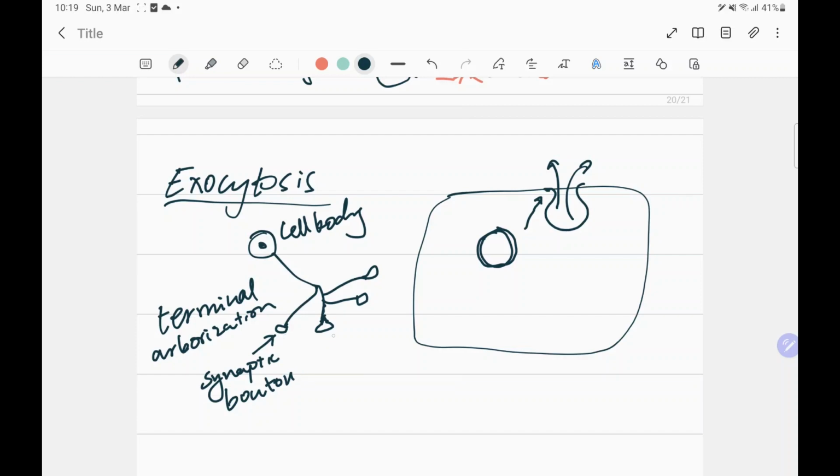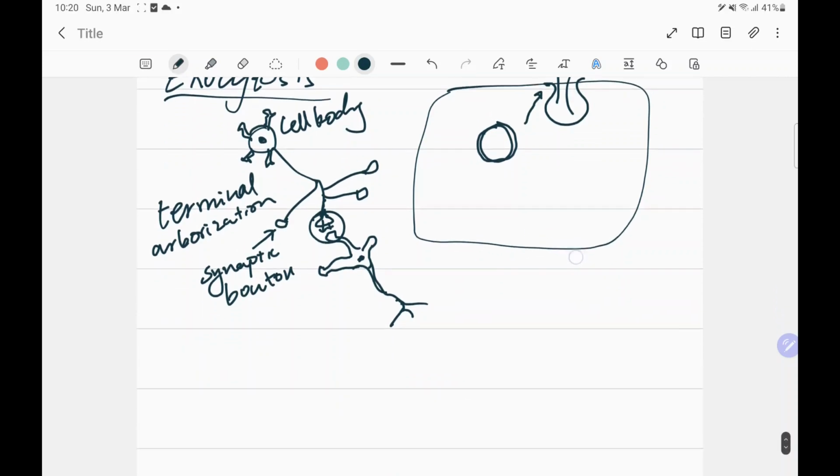What happens is it can bind to the dendrites, which are projections of cell bodies, or sometimes directly to the cell body of another neuron. So this could be the next neuron. This is your rudimentary diagram. Here, release of neurotransmitter happens through exocytosis.